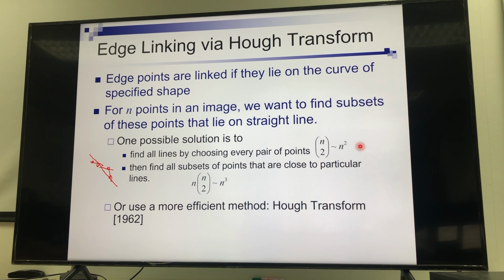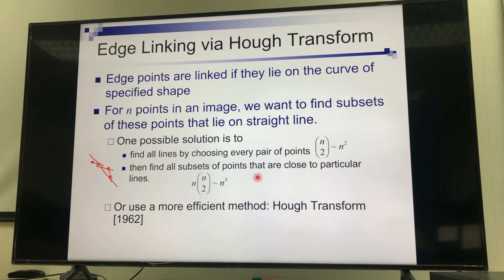Then we have to find all the subsets of points that are close to a particular line. In this case, you multiply by n. So this process is done with n cubed iterations. Imagine n cubed iterations.